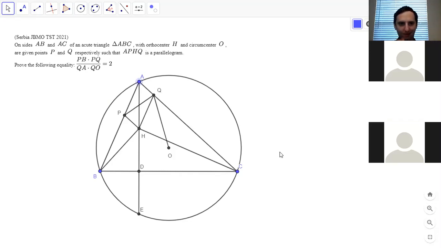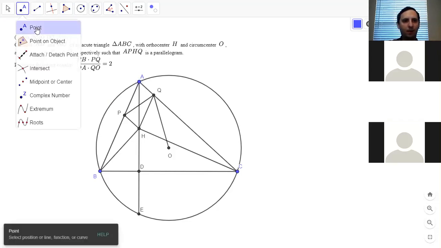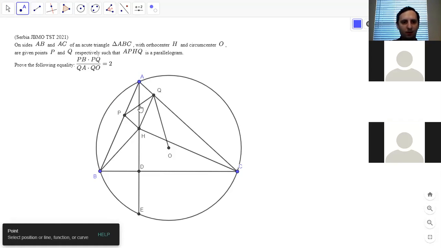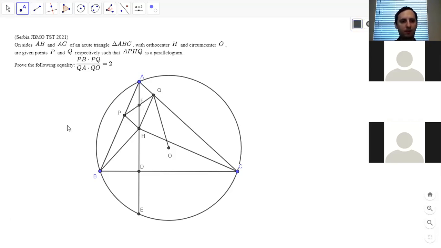Yeah. And next we will call the midpoint of PQ F. And we need to prove that triangle FQO is similar to triangle HQC. FPO and HPC, or?